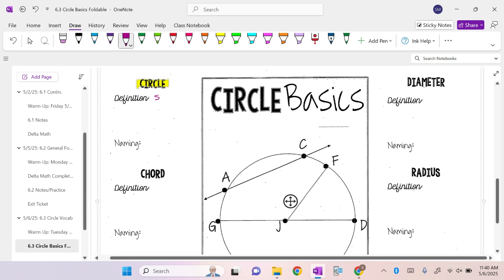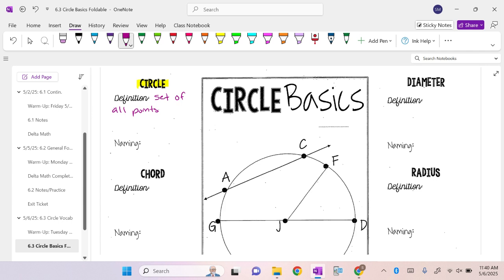And it's basically a set of all points from a fixed distance, which that distance is also known as the radius, from another point, which in this case is the center.